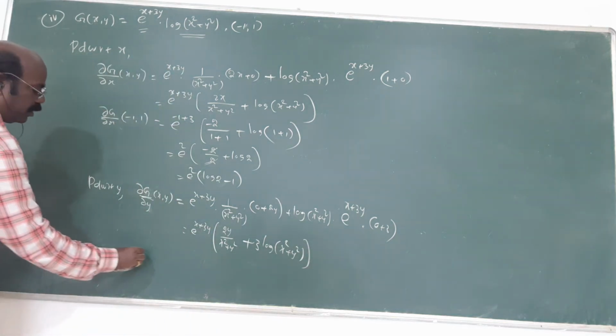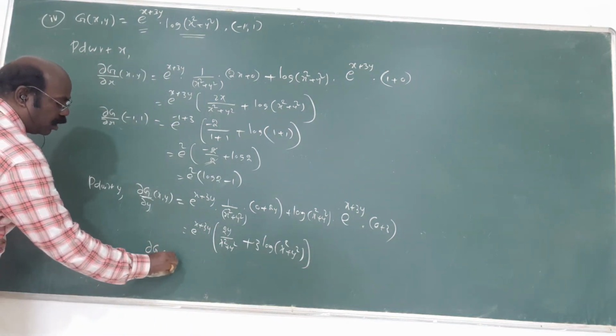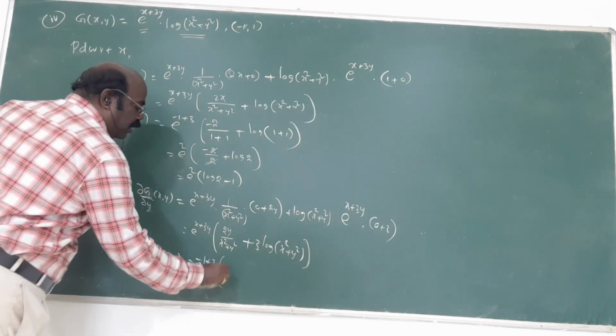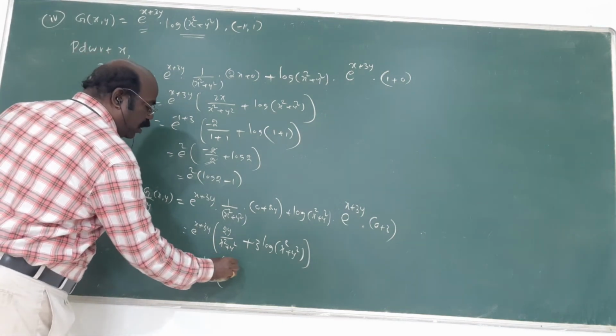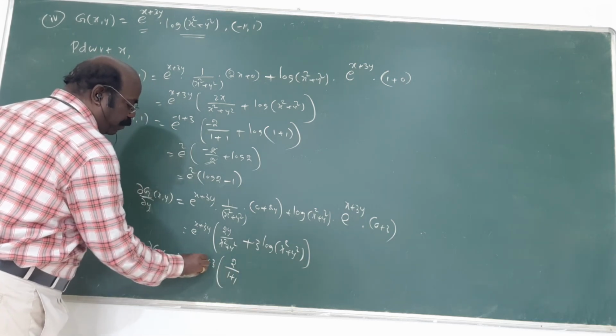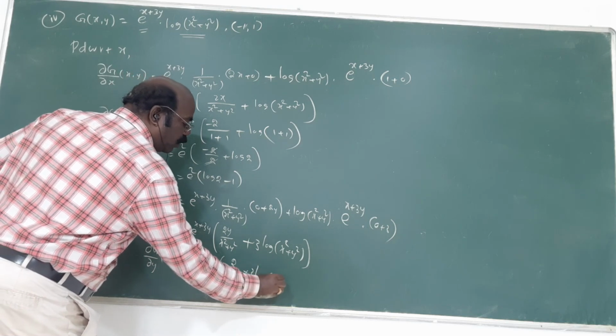Now the same thing. Dou g by dou y at the point minus 1 comma 1: e power minus 1 plus 3, into 2 into 1 plus 2, divided by, as we already know, 1 plus 1, because minus 1 whole square becomes plus 1, whole square 1, plus 3 into log of again 1 plus 1. Okay?